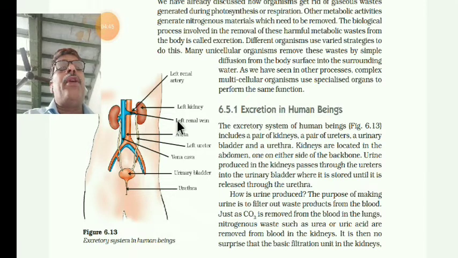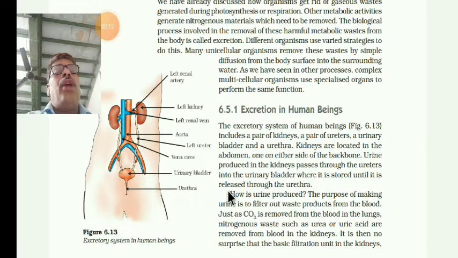So like this you have to say ureters, and then the urinary bladder, then urethra. See the ureters are here, and urine goes into the urinary bladder, where it is stored until it is released through the urethra. So here urine will be stored.